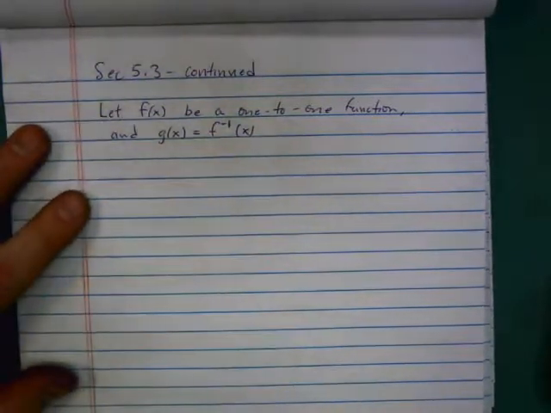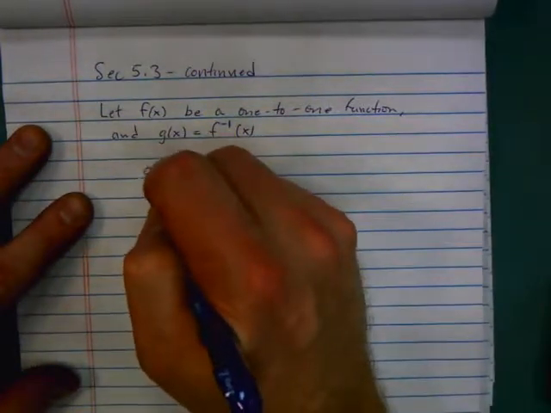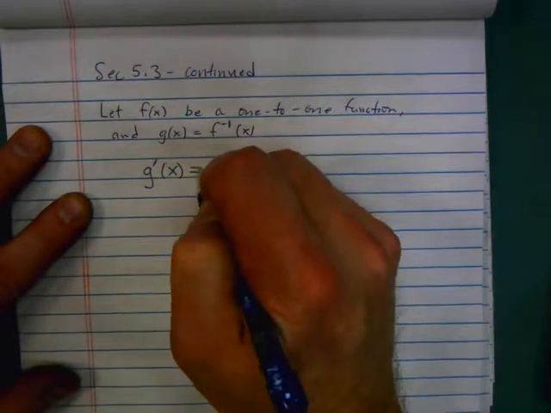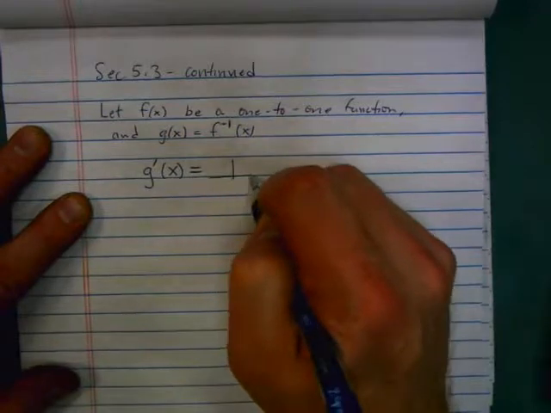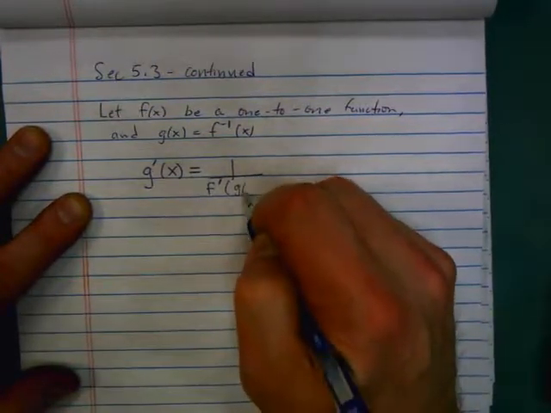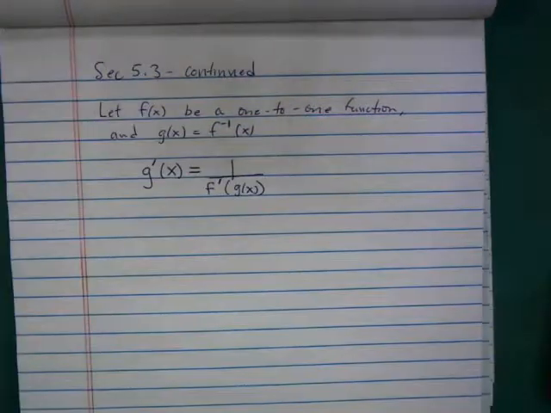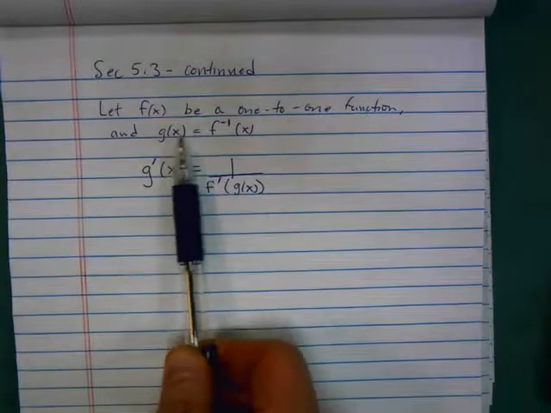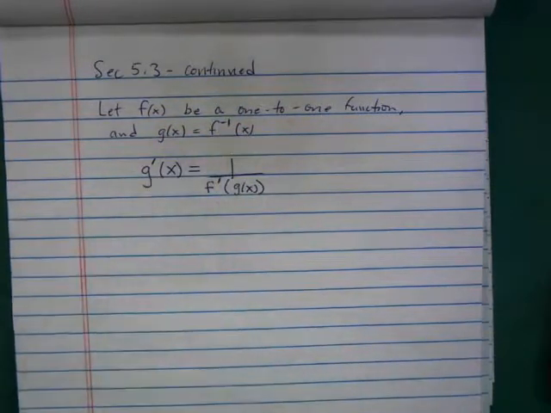The derivative of the inverse is 1 over the derivative of the original function evaluated at the inverse. When I wrote this the other day, I was using f inverse, and I think that was really confusing because it was hard to see the difference between the prime and the inverse symbol. So I think it's a good idea to use g for f inverse.